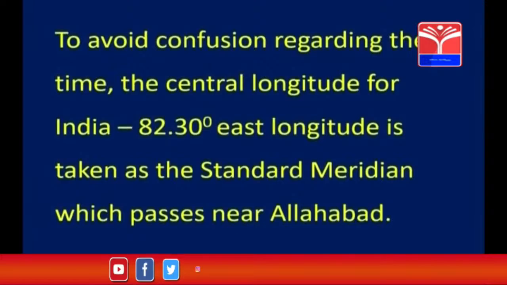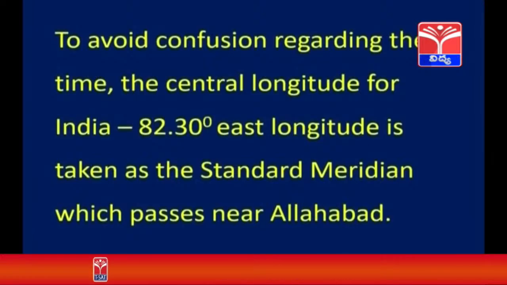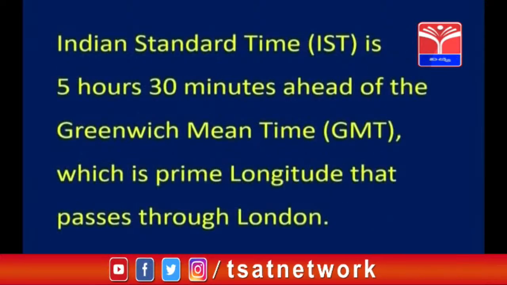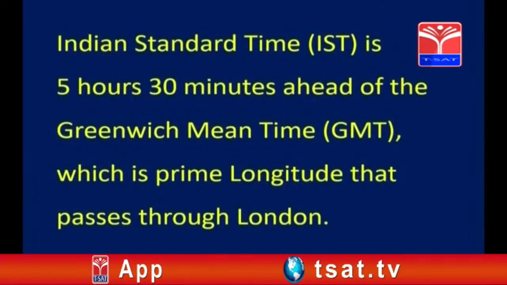To avoid confusion regarding time, the central longitude for India, 82.5 degrees east longitude, is taken as the standard meridian, which passes near Allahabad. Indian Standard Time is 5.5 hours ahead of the Greenwich Mean Time, which is the prime longitude that passes through London.